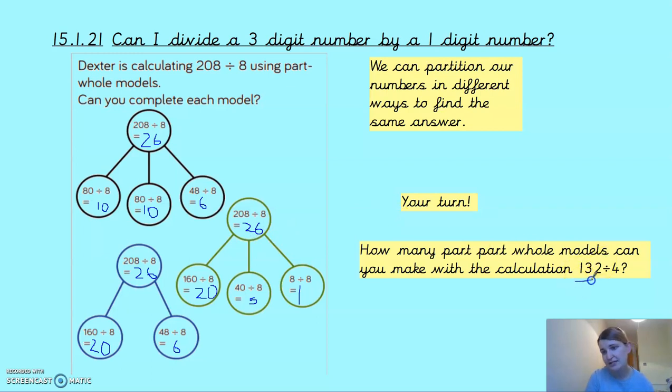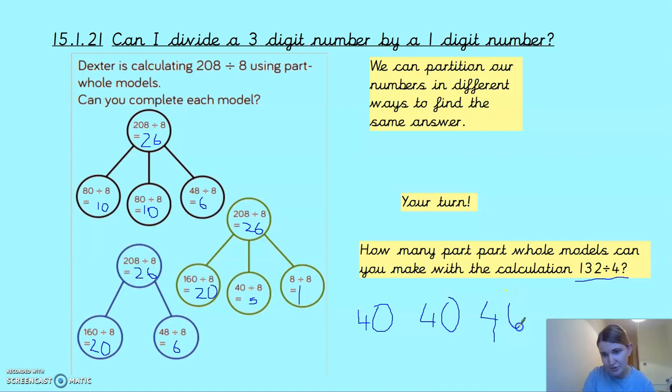We've got 132 divided by 4 here. How could you split 132 into equal groups that could be divided by 4? Groups that are in the 4 times table, for example. I'm not going to do the actual model here, but if I was going to split 132, I might go, okay, well, 40, 40, 40, those are in the 4 times table.